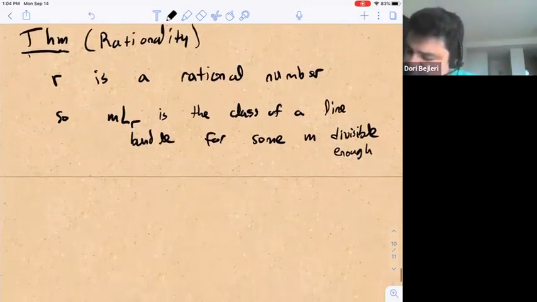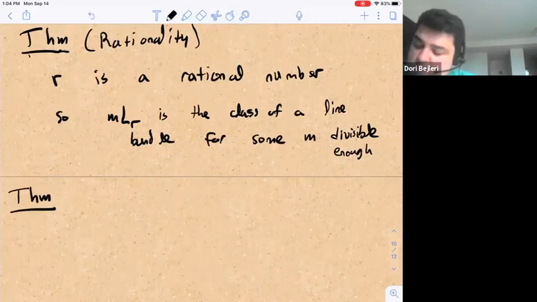And then the next theorem, which says that this mL_r really does give us a linear series we can understand, is the base point free theorem.